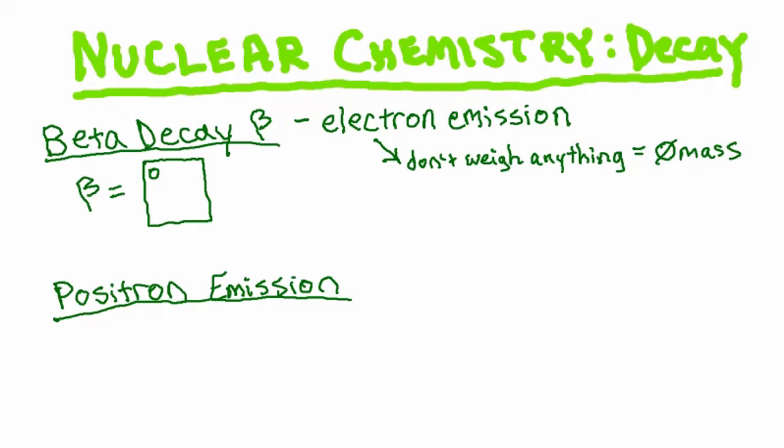But we're not talking about an element, we're talking about an electron, any electron. So an electron has a charge of -1. So we just put down the charge of -1, and instead of that capital E I was using to represent any element on the periodic table, we use a lowercase e to represent the electron. So that's how you're going to write a beta decay: the 0, the -1, and the lowercase e, to represent that it's an electron.